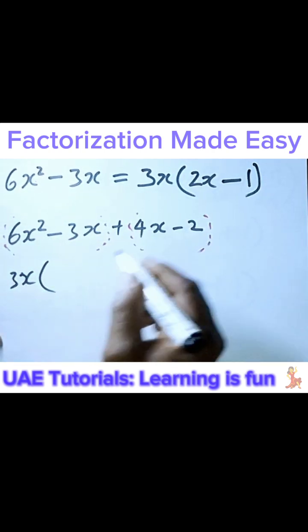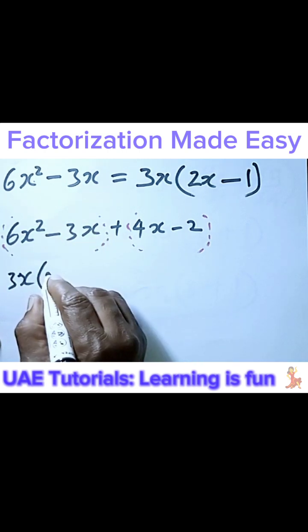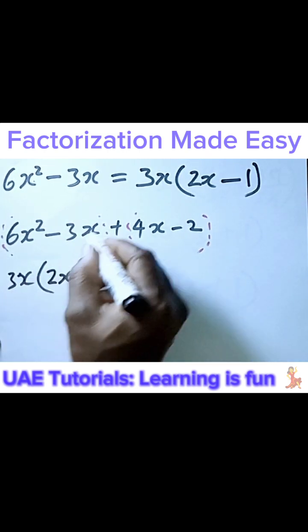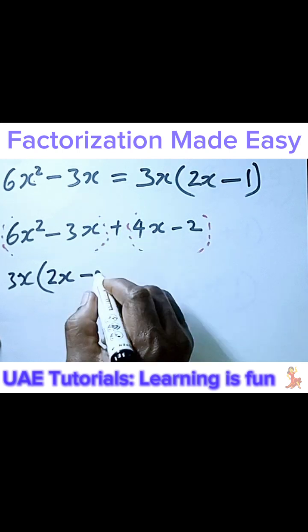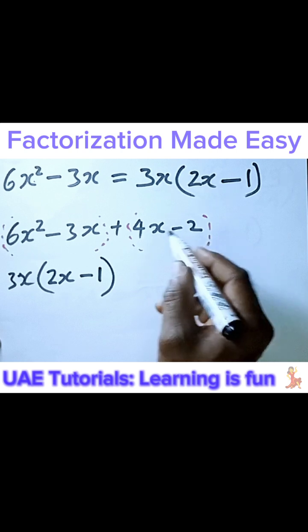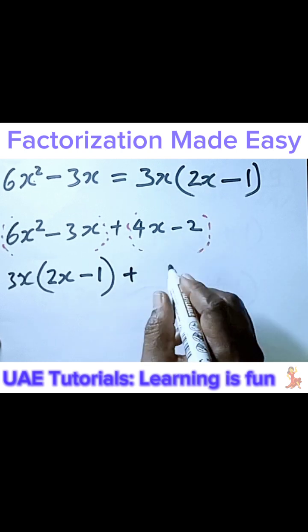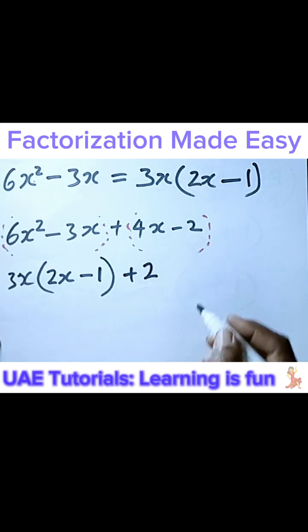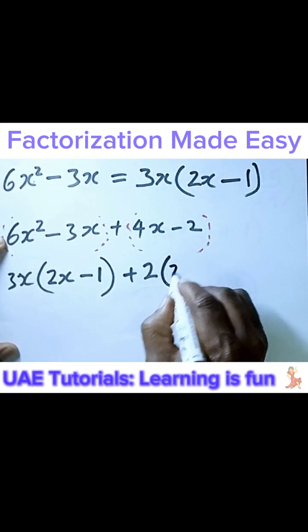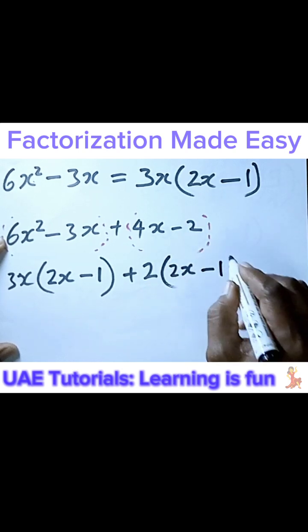And just like we did in the example above, when 3x goes into 6x squared, you get 2x, minus when 3x goes into 3x, 1. Now, for this other expression, what is common between 4x and 2? That's actually 2 that is common. And when 2 goes into 4x, you get 2x. 2 goes into 2, you get 1.